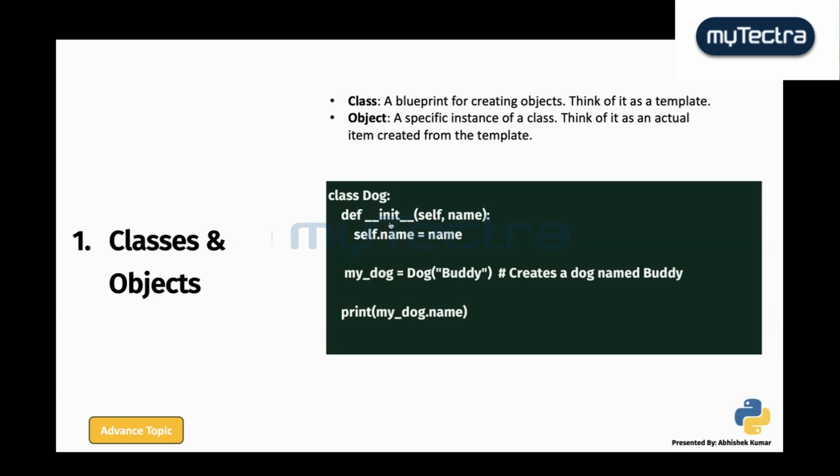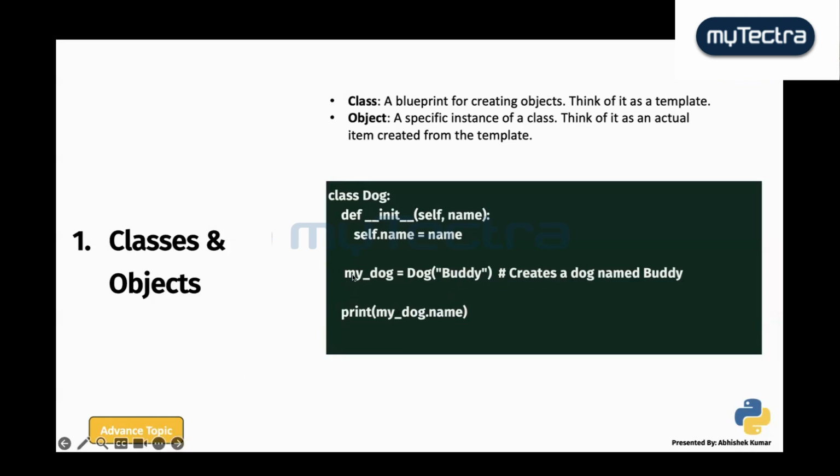Basically a constructor is a collection of statements, instructions. When we execute that, it will be called. So when I use dot name, it will give me the name of whatever I have initiated here with the class.